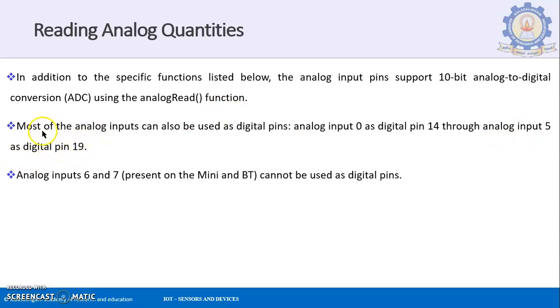So totally you have 19 digital pins available: 14 pins from 0 to 13 and 5 other analog pins. Analog inputs 6 and 7 present in the Mini and Nano cannot be used as digital pins. So this is what we saw earlier.